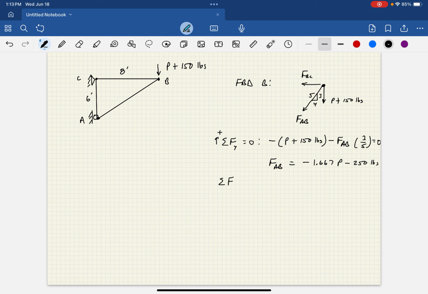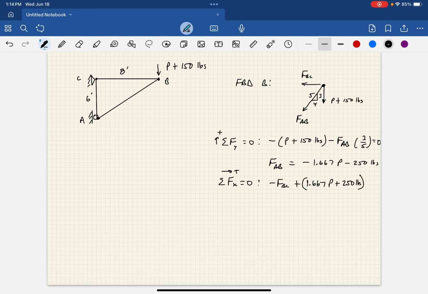Next, I'm going to do the sum of the forces in the x direction equals 0, and here I'm going to say minus F_BC plus F_AB, so this is going to be plus 1.667 P plus 250 pounds, okay?